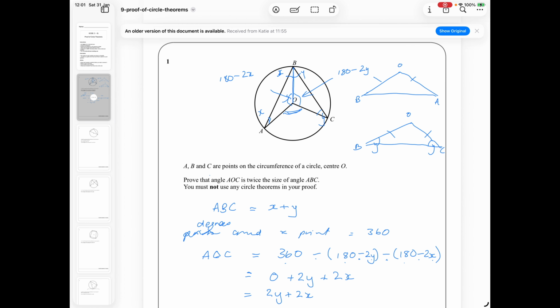So we're saying that AOC is twice the size of angle ABC, and that works because ABC equals x plus y and AOC equals 2 times (x plus y). Therefore AOC equals 2 times ABC, and that's that proven.